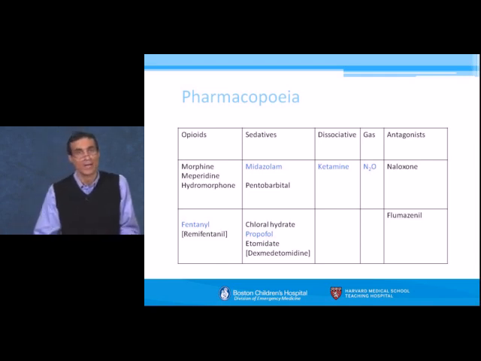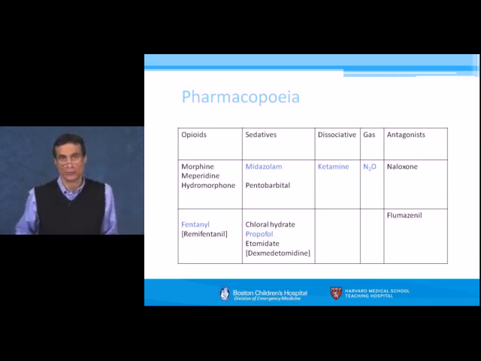Therefore, if one is doing a painful procedure for which you need analgesia, but you need some degree of sedation, fentanyl is coupled with midazolam to provide the sedation, because at low doses fentanyl provides no sedation. So that's a very typical combination for painful procedures, fentanyl and midazolam.